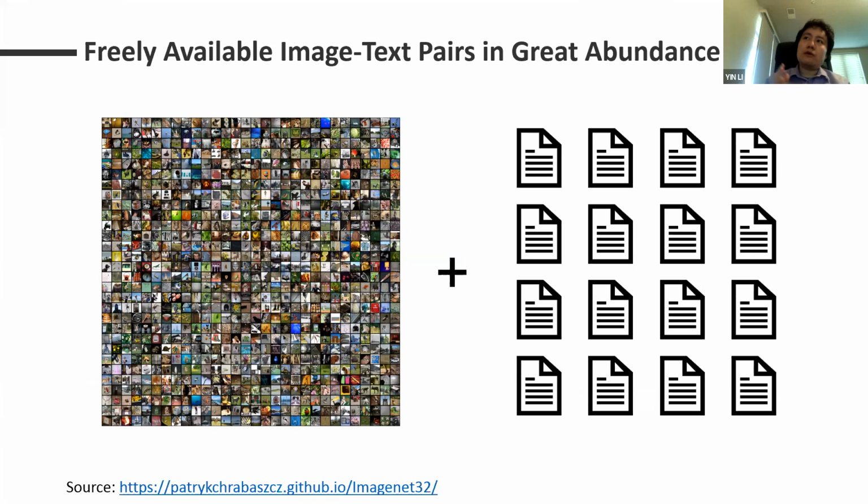We're probably already 5 minutes into my talk, so that means about 300,000 images being uploaded during the course of my talk, generating about 2.5 million comments in free-form text format. This data is freely available in great abundance over the internet.